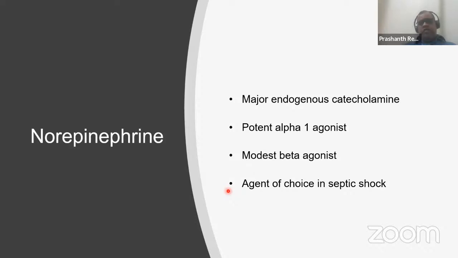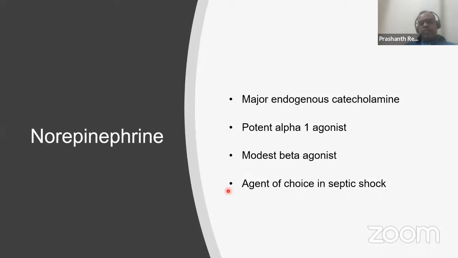When compared to epinephrine, that is adrenaline, the tachycardia with norepinephrine is moderate, and the myocardial damage which happens with adrenaline is comparatively less with norepinephrine. Previously, people were using dopamine in septic shock.